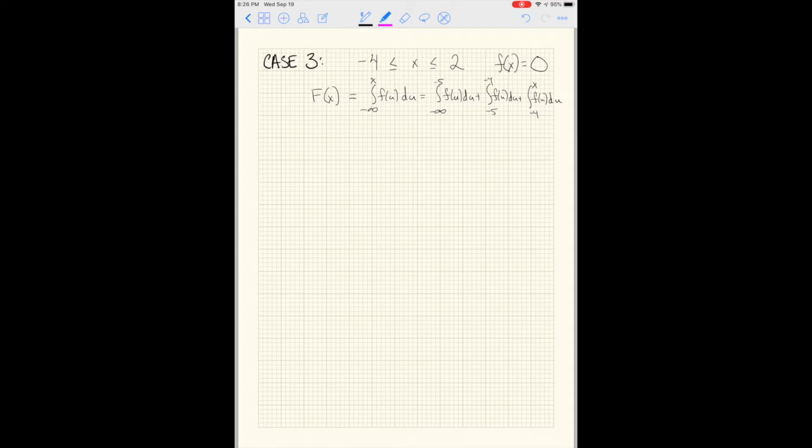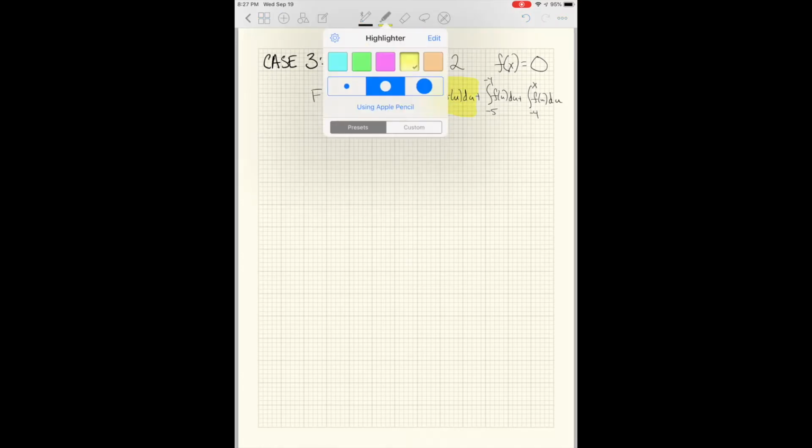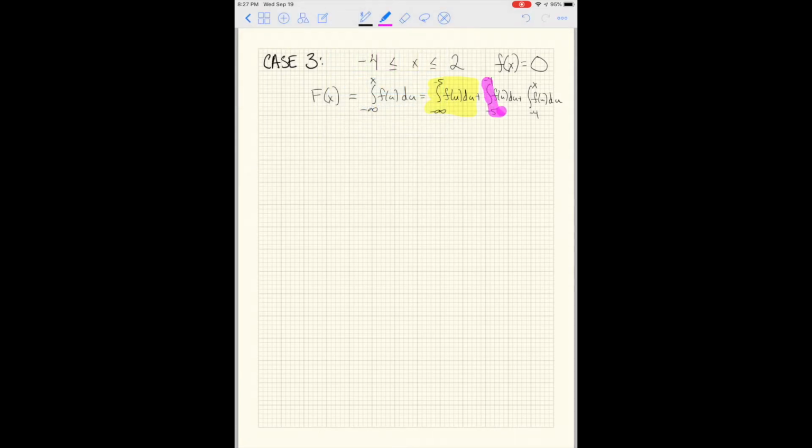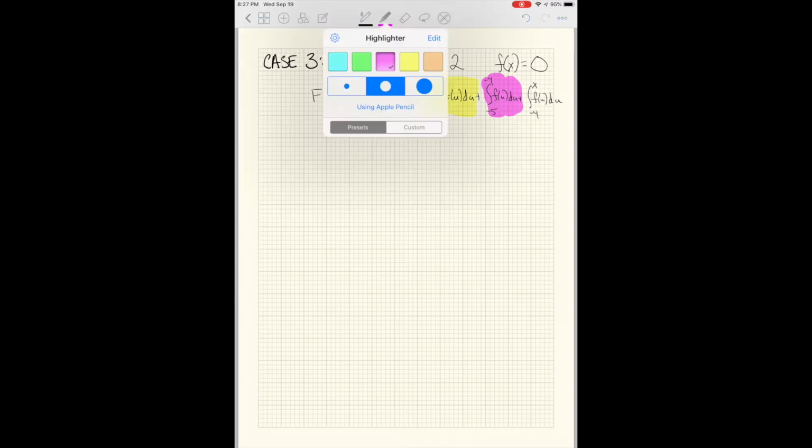And if I go with the colors that I was using before, then we know that this portion is the area underneath the curve to the left of negative 5. This portion is the area underneath the curve between negative 5 and negative 4.